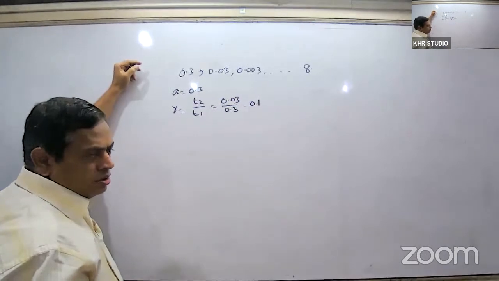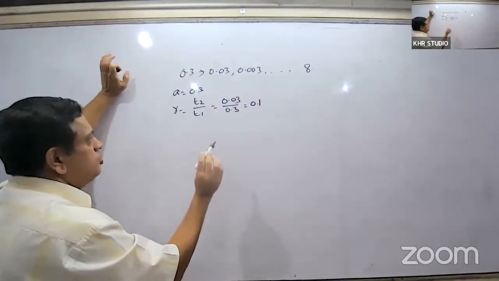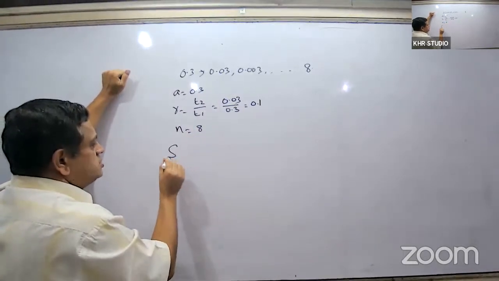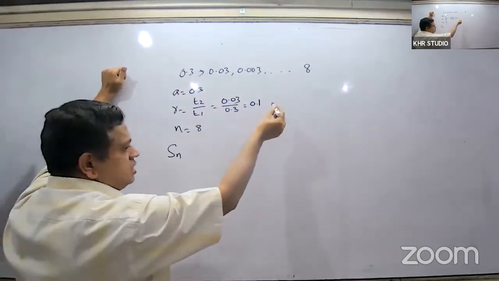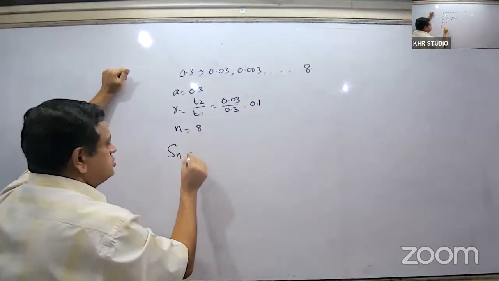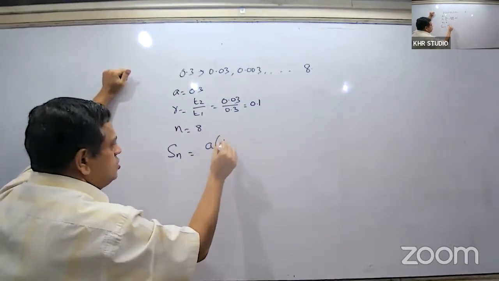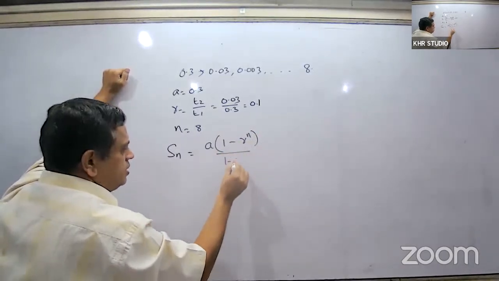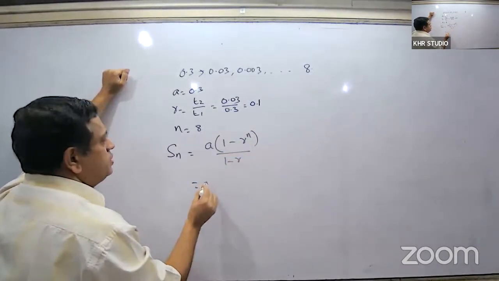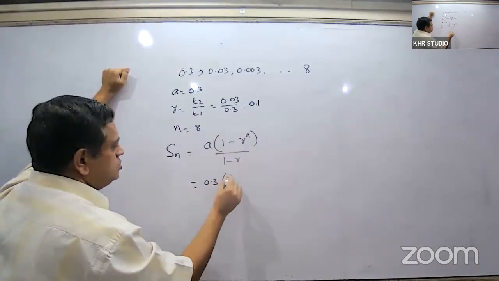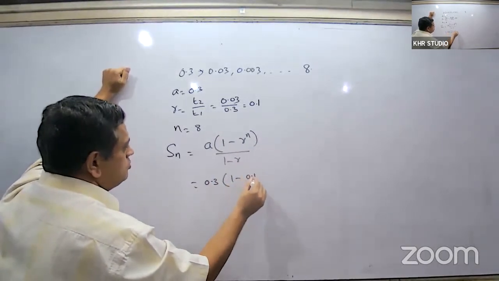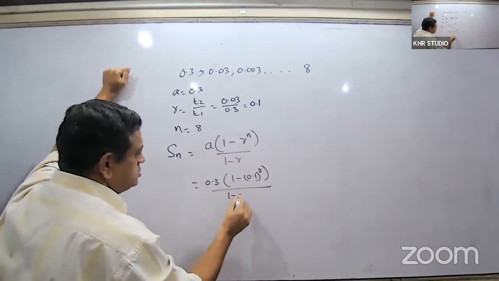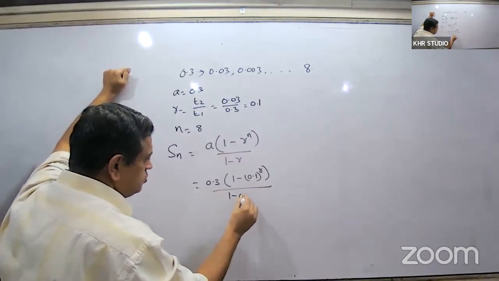Yes or no? Or 1 by 10, 0.1, whichever. N is equal to 8. Therefore, for Sn, value of R is less than 1 or not? Yes. Therefore, Sn, what is the formula? A into 1 minus R raised to N divided by 1 minus R. That is equal to 0.3 into 1 minus 0.1 raised to 8 divided by 1 minus 0.1.